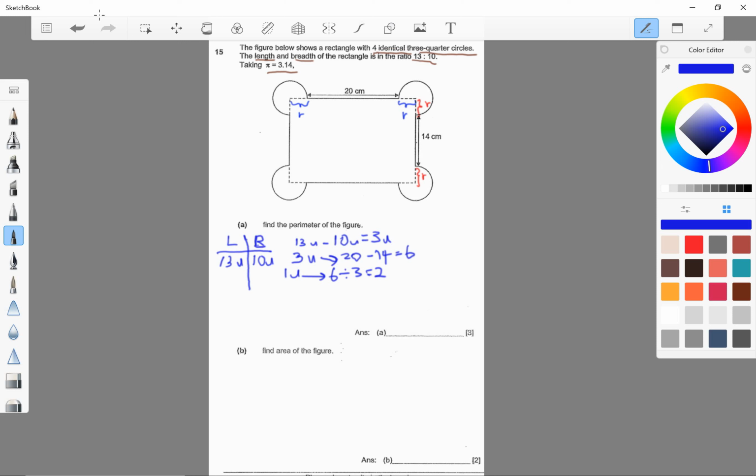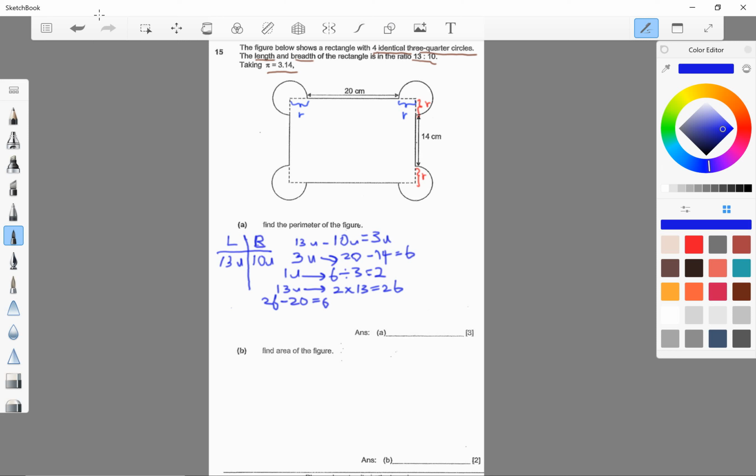So the length of the rectangle is 13 units. When I use that, I know that the length has got to be 2 times 13, which is 26. And if the length is 26 and 20 cm is already given to us, 26 subtract away 20 will lead me to 6.